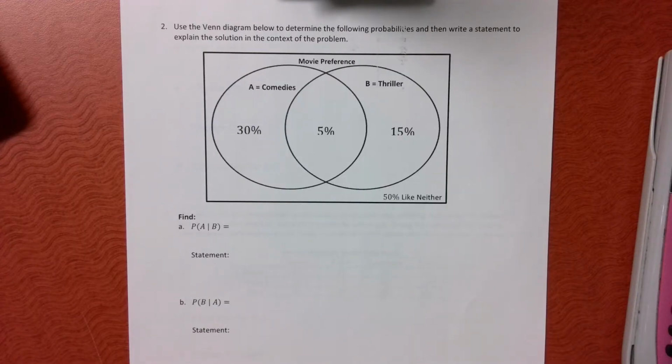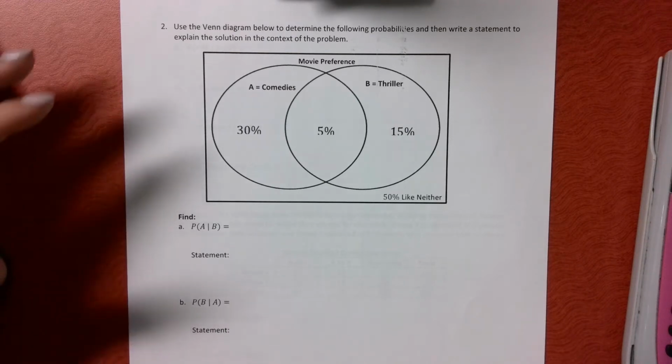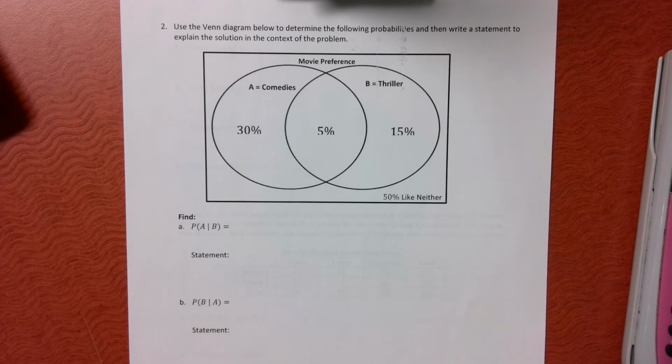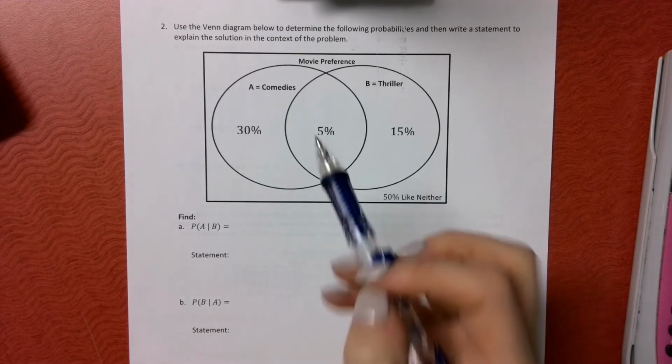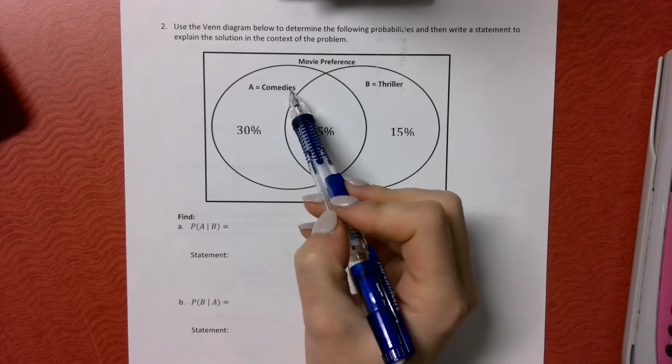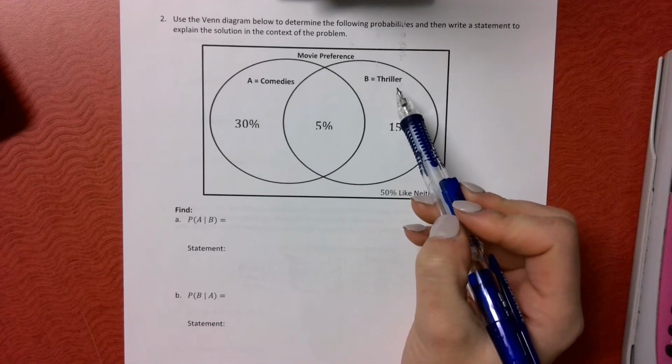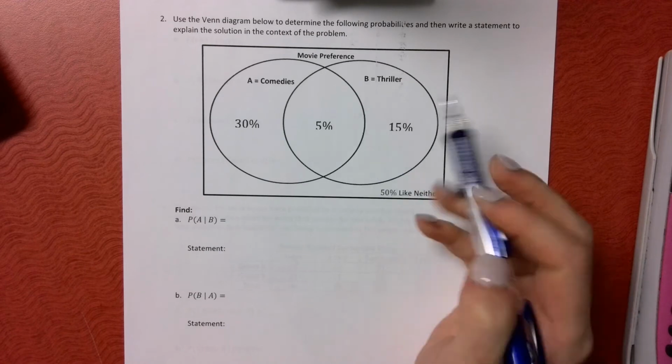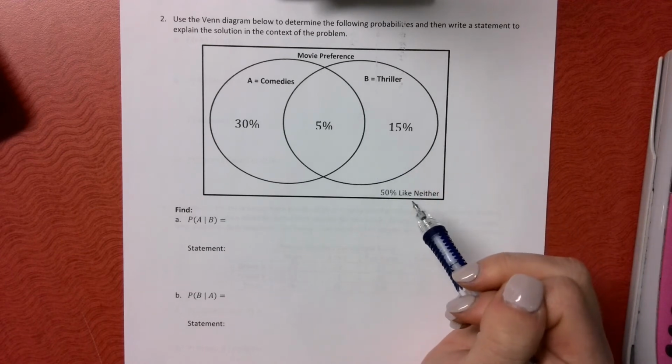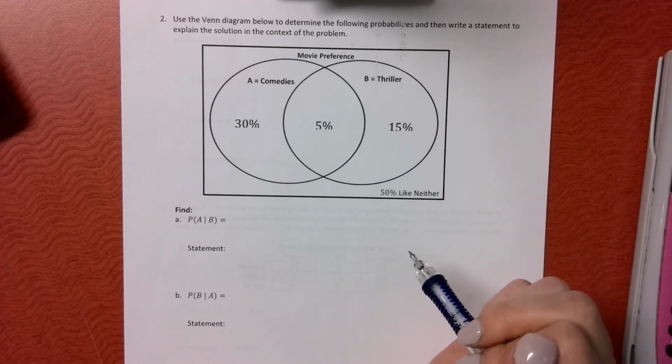On page 24, we can also answer conditional probabilities when given a Venn diagram instead of a table. Let's go through a few here. In our Venn diagram, we have people who like comedies versus those that like thrillers. 5% like both, and weirdly 50% do not like either one.